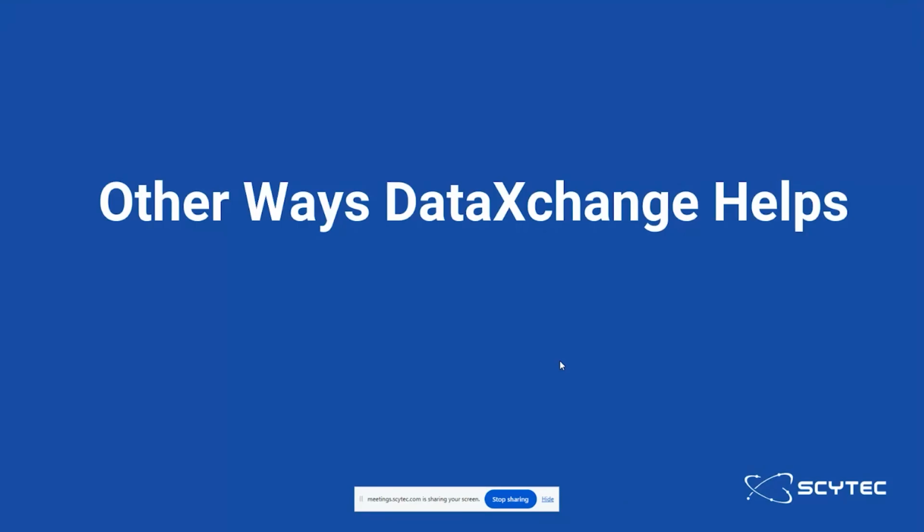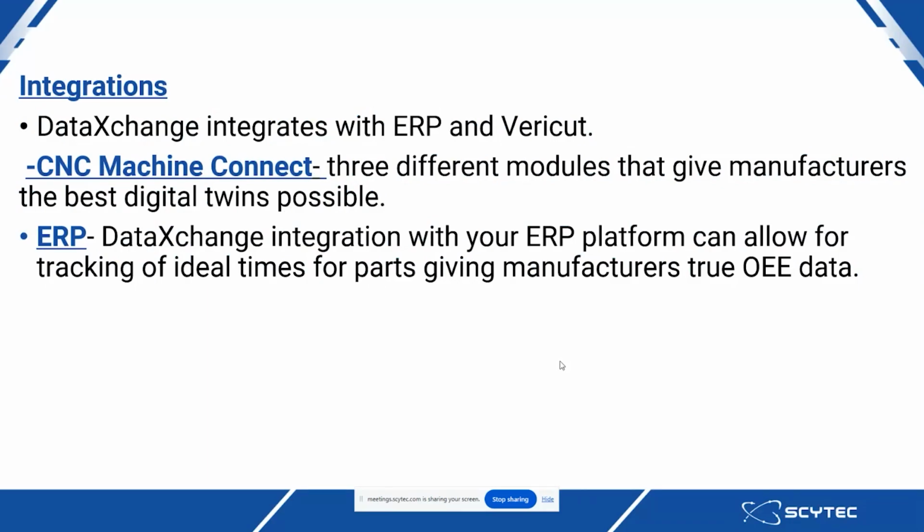I'd also like to discuss other ways that DataXchange helps. We offer very appealing industry integrations via ERP as well as Vericut. For those of you that utilize digital twins, we offer CNC Machine Connect for Vericut, which is 3 different modules that promise to give manufacturers the best digital twins possible.